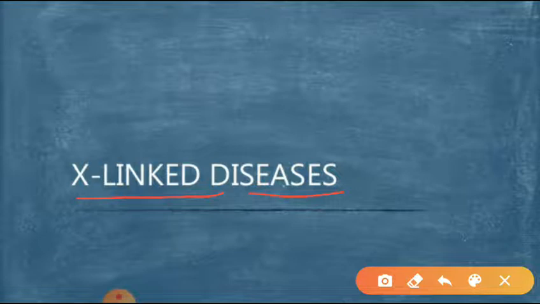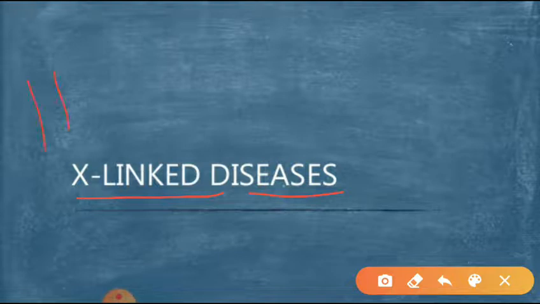So when a gene undergoes mutation, it finally leads to the X-linked diseases. Especially the gene present on X chromosomes undergoes that mutation process and it leads to the X-linked diseases.